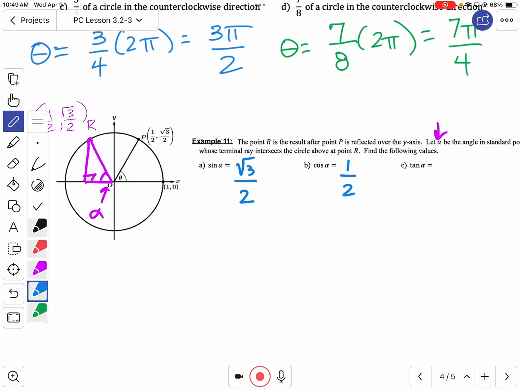It'd be our x-coordinate, which is 1/2. And then tangent of alpha would be y over x, or square root of 3 over 2 divided by 1/2. Square root of 3 over 2 times 2 over 1, or just square root of 3. Now, what did I forget? The negatives, because I'm a dork. All right, so negative square root of 3.